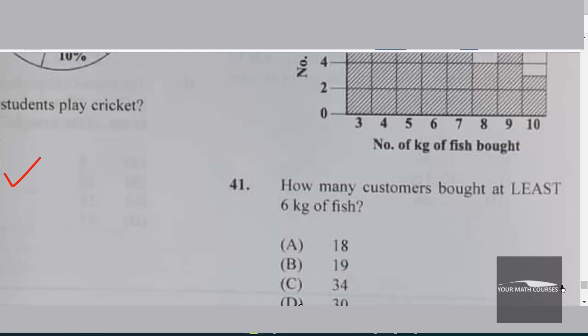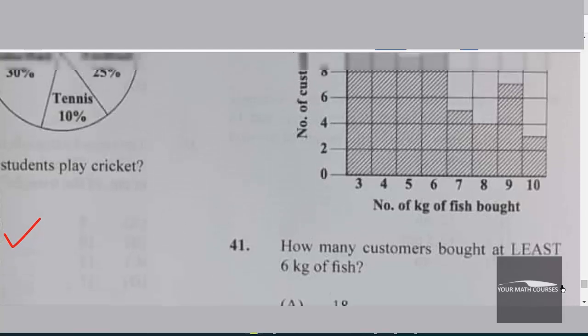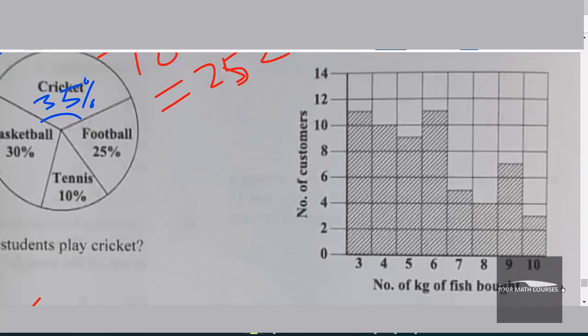How many customers bought at least 6 kg of fish? So we see that the kg is on the horizontal axis. So 6 kg or more. So all of this combined.